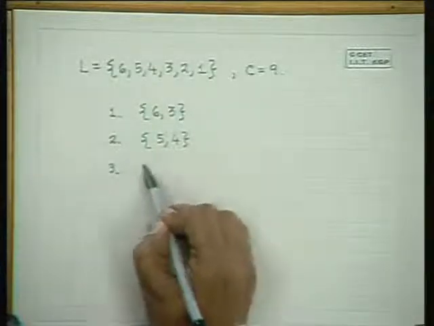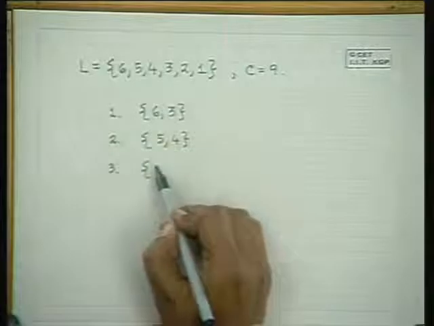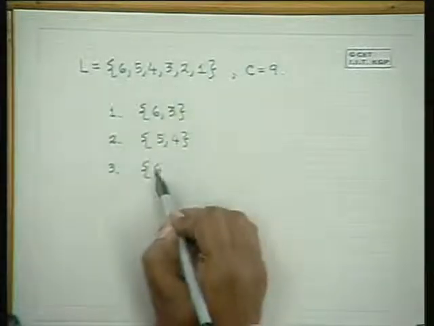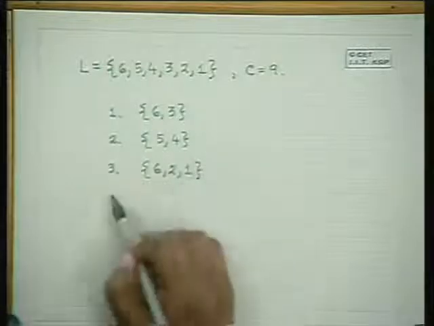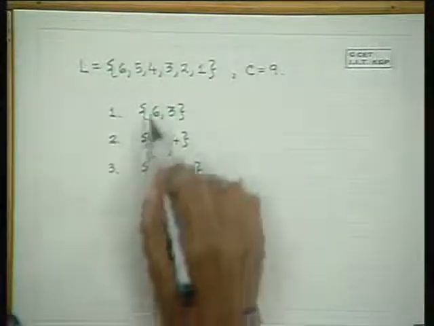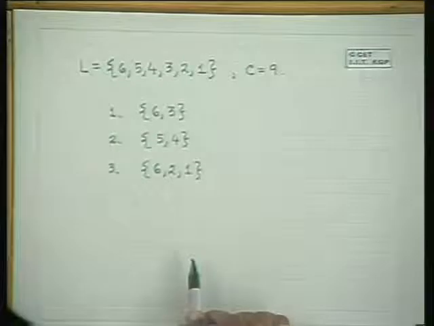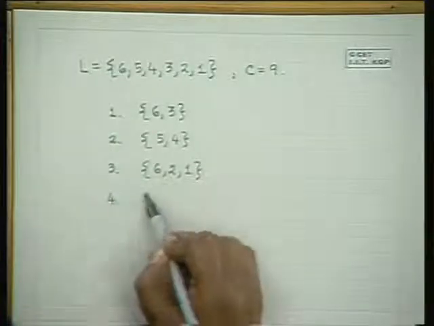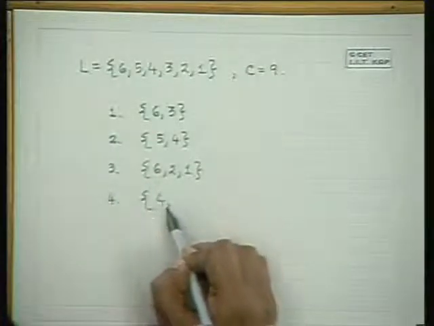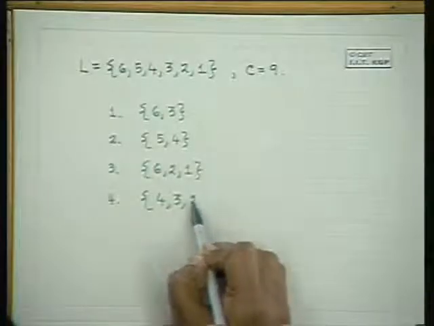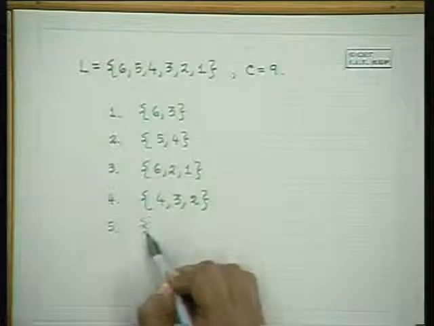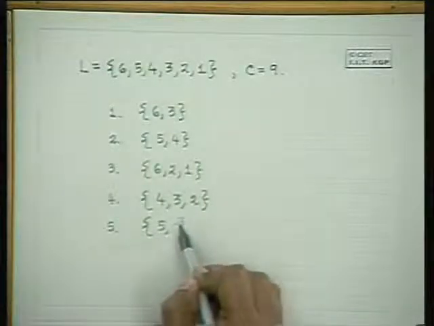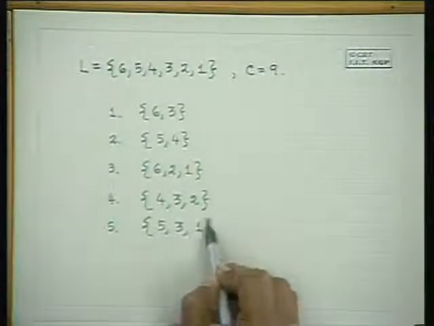The third solution I can choose is 6, 2, 1. So these are the solutions that I can choose. There is a fourth solution I can choose, 4, 3, 2. A fifth solution I can choose is 5, 3, 1.